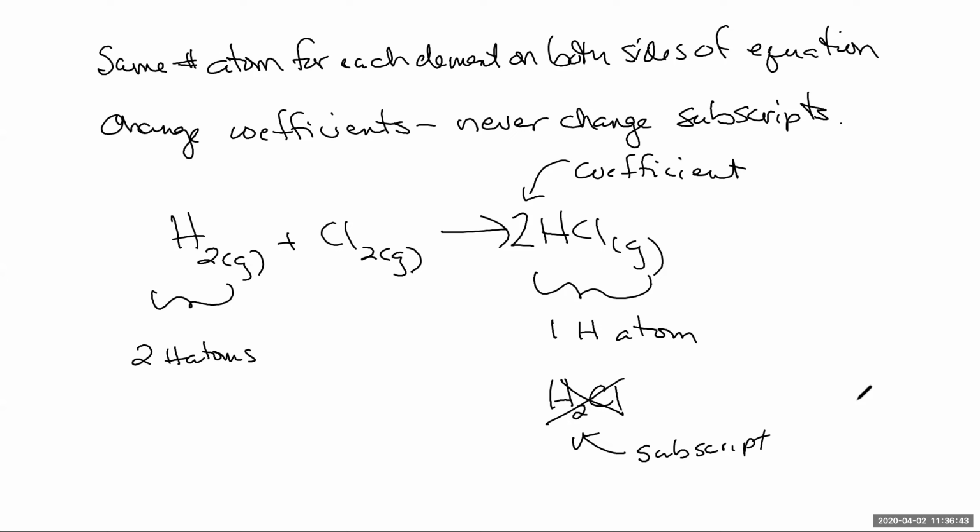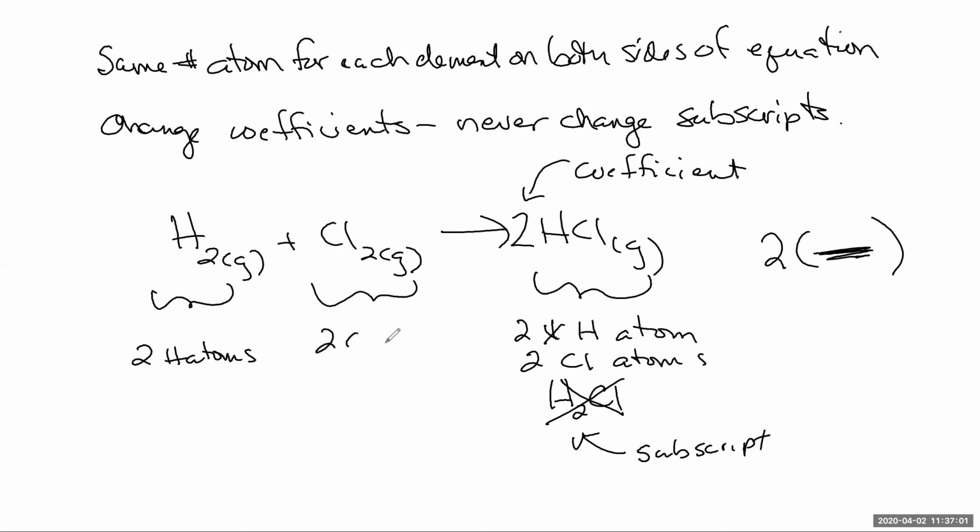It's similar to if I would have put 2 with a parenthesis. It's going to be 2 times whatever is inside of this parenthesis. Now that I have a 2 in front of HCl, it also tells me that I have 2 chlorines. Now I have 2 hydrogens, and I also have 2 chlorine atoms. If I look on this side, I also have 2 chlorine atoms. And so this equation would be balanced by putting the coefficient of 2 in front of HCl.